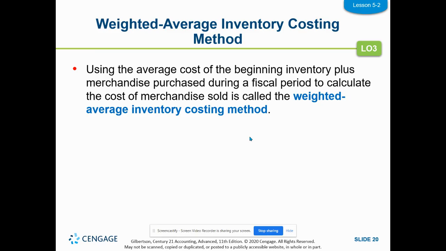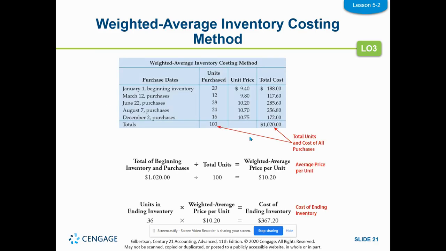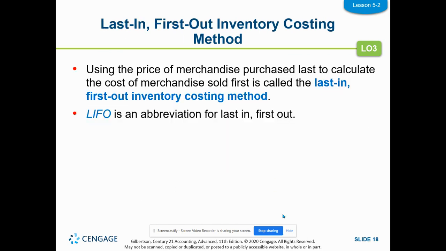And then of course you have your weighted average method. So you have to take all of your costs, you're going to average, then you're going to divide them by your total number of units you bought. That gives you your average, and then you multiply it by your number of units that you have left. So each one will give us a different amount at the end.